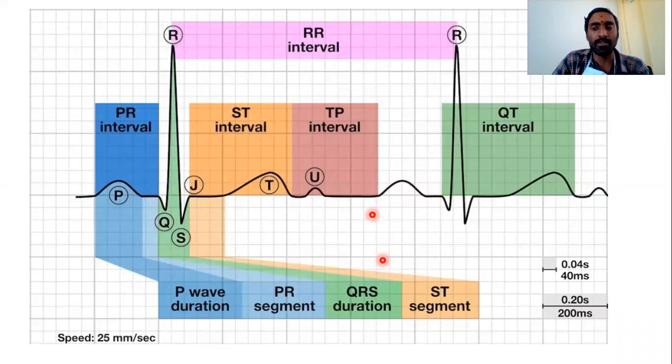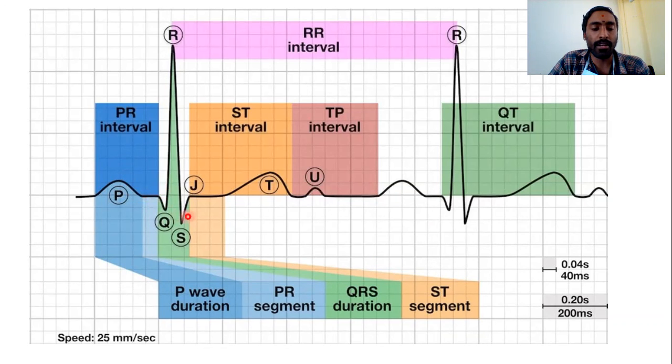So once we know each of these waves, we come to what is an interval and what is a segment. Segment is an isoelectric line, and interval contains a complex with a segment. So from the onset of the P to the end of the PR segment, it's called a PR interval, and this isoelectric line is called the PR segment.